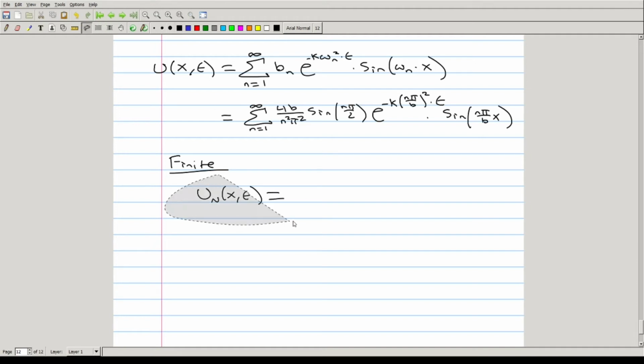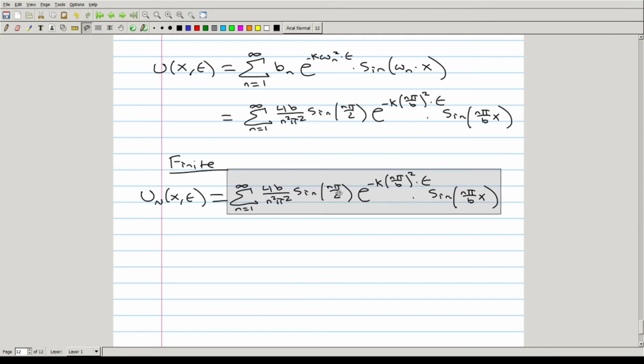Or it's this sum not from 1 to infinity, but from 1 to N. That being said, if your coefficients are nice enough, you'll have good convergence. If you don't have fast convergence, you'll have to use more terms in your sum, which will possibly result in artifacts, like the Gibbs phenomenon at any discontinuities.